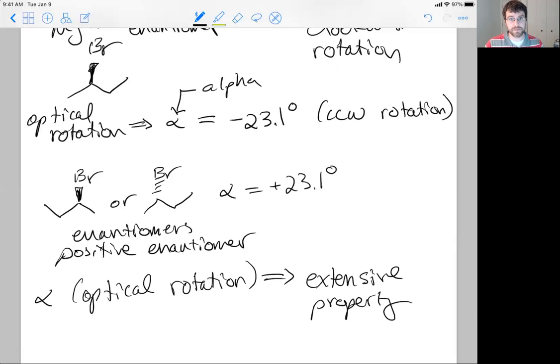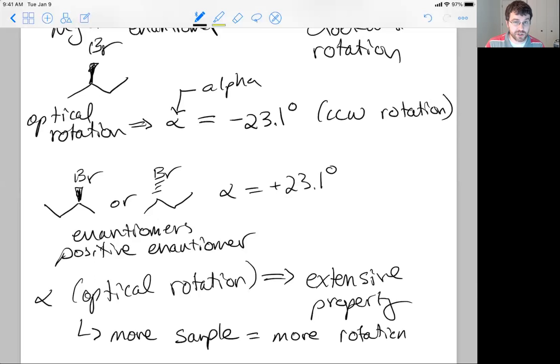Now, if we put more and more sample in, we're going to see greater and greater extents of rotation. So optical rotation is an extensive property. More sample is more rotation.